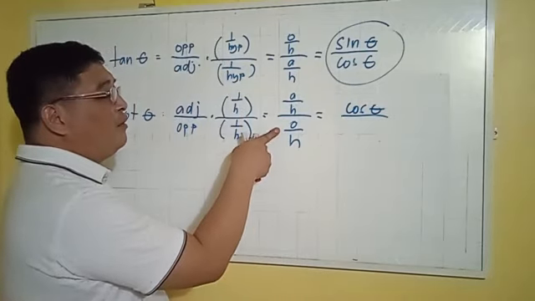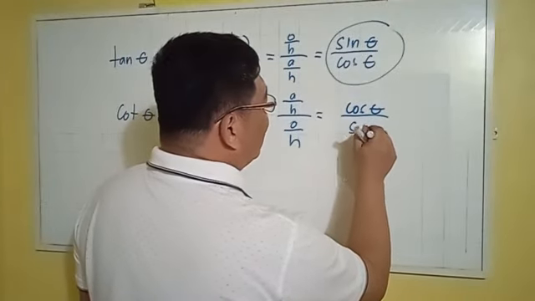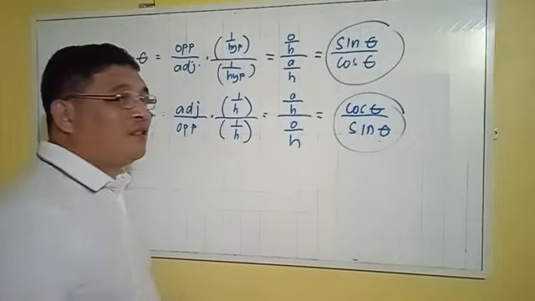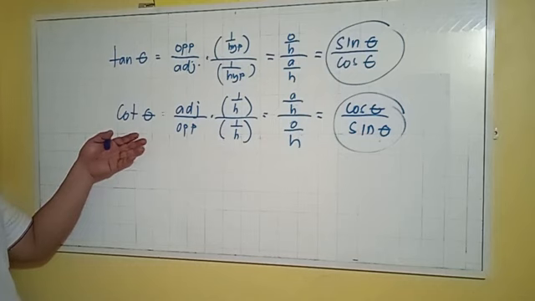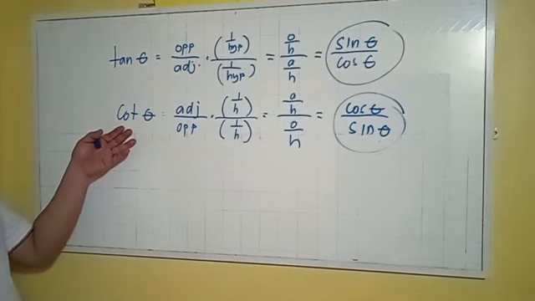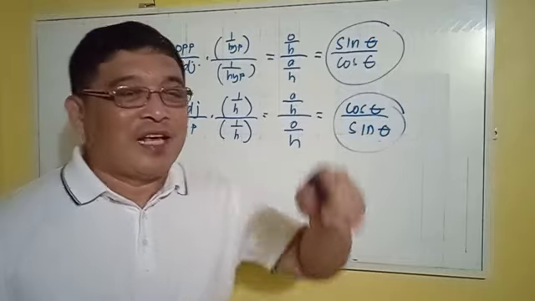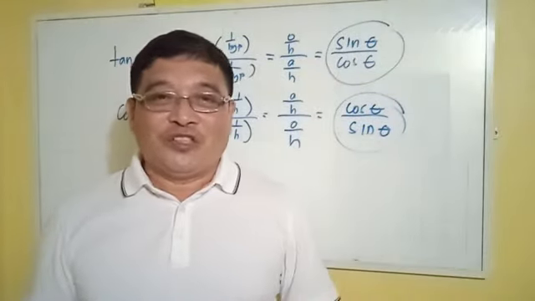At the denominator, opposite over hypotenuse, we have sine theta. And so the quotient identity cotangent theta is equals to cosine theta over sine theta. The quotient identity.